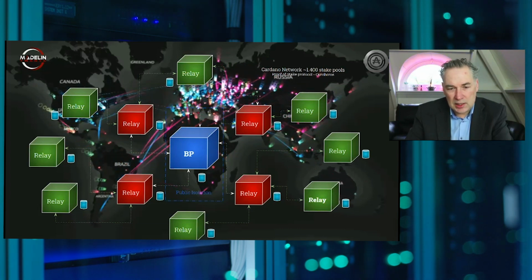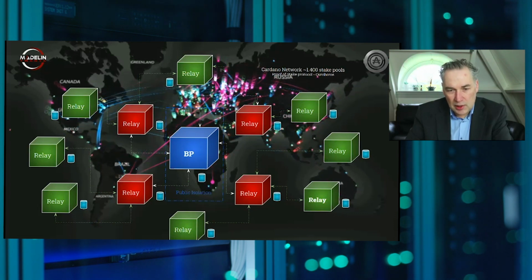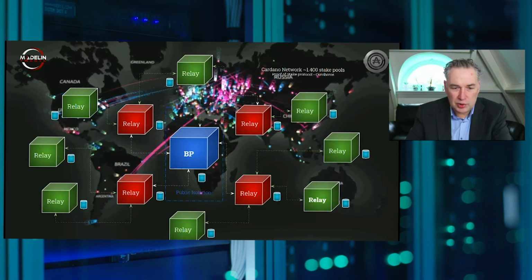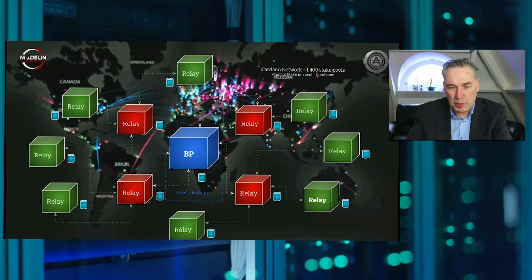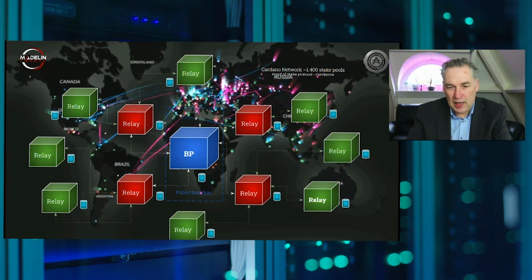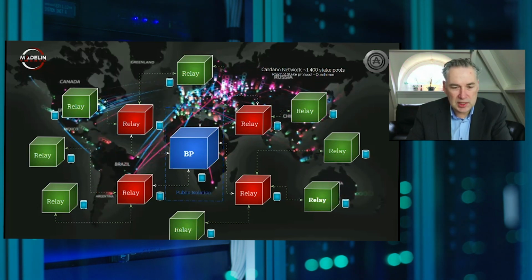If you have a Stakepool and your own relay nodes, your relay nodes forward the block to the block producer. So the only communication possible between the block producer and the network is via your own relays. Those relays are shown here in red.